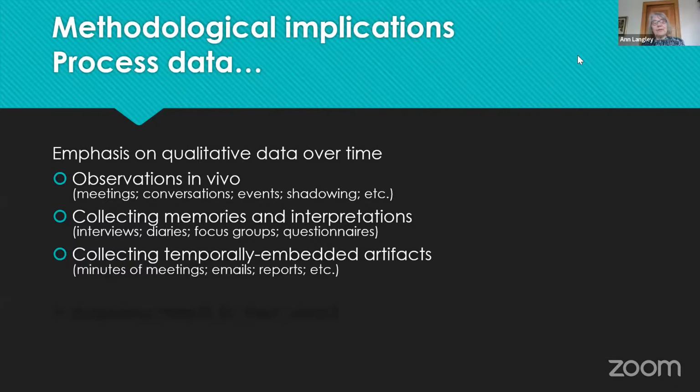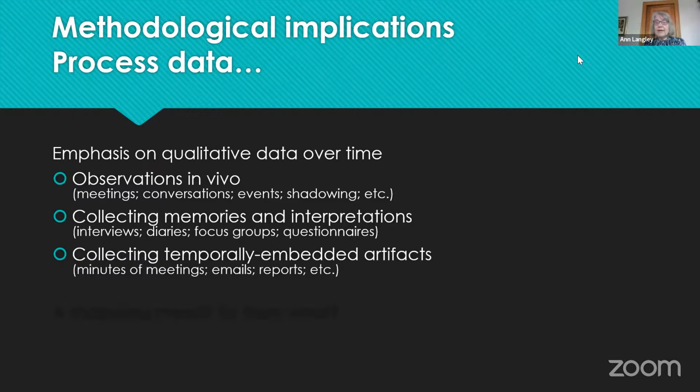So the first kind of thing that you might collect is observations in vivo. So you are looking at things in real time. You might be going to meetings, capturing conversations, capturing events, shadowing people in the things that they do. And so part of your data is likely to be observations.